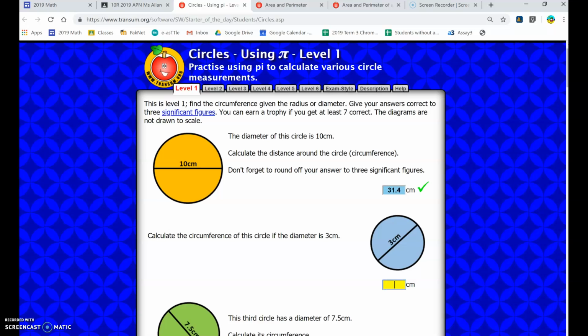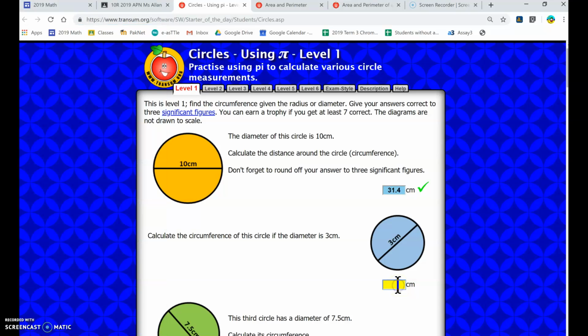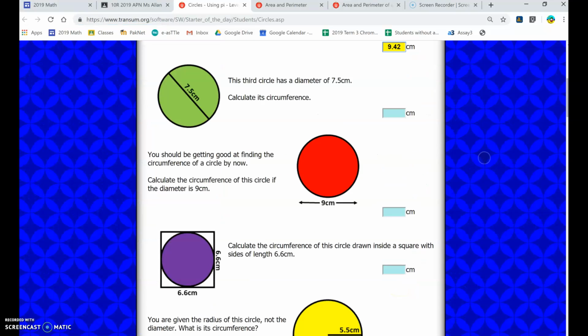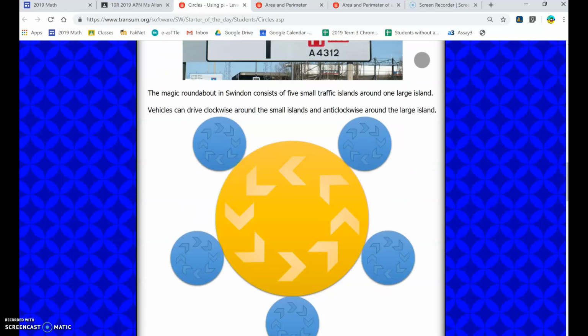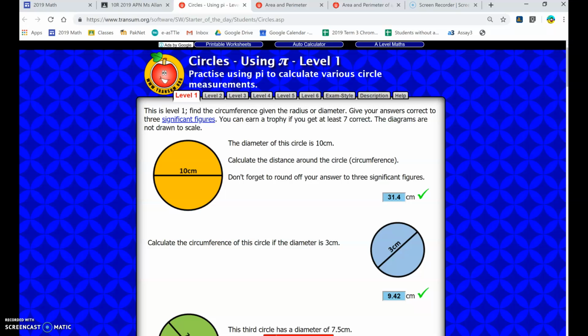Okay, so this one here, how would we work that out? Circumference, we would go shift pi times 3, execute, and we need 3 significant figures. So we're doing some rounding. We need 9.42. And again, we check.